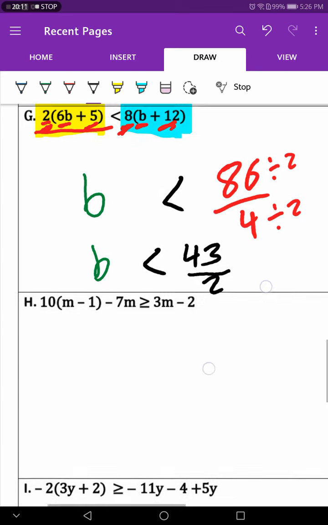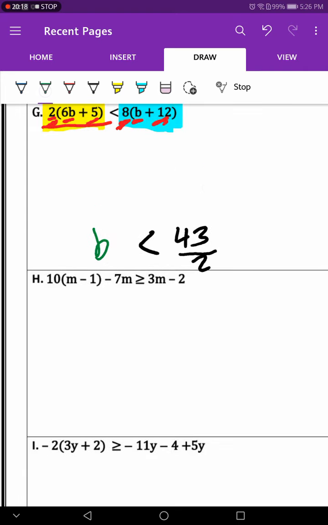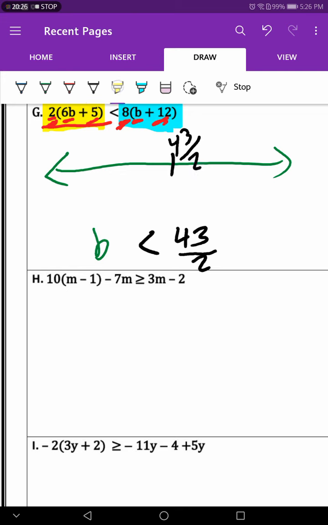So I draw the graph here on the number line and put 43 over 2, and I will circle it, and less than means move to the left.